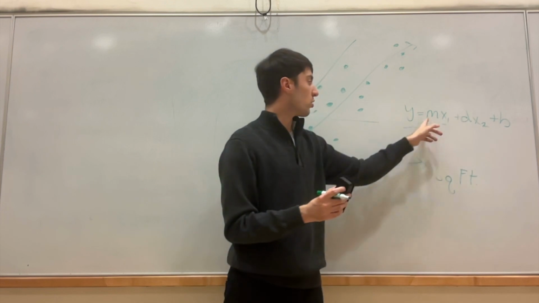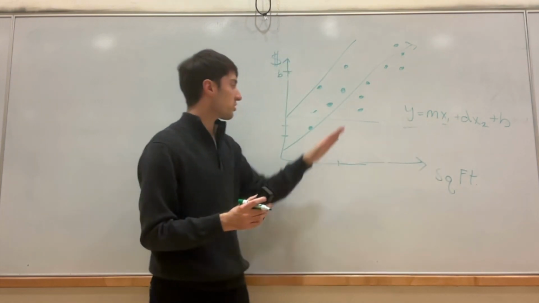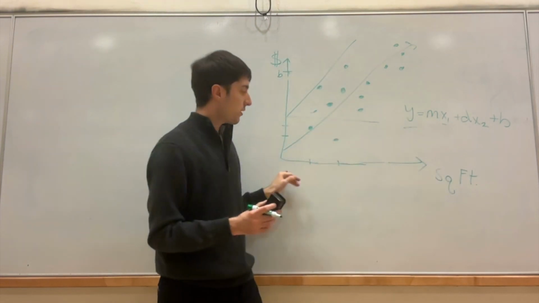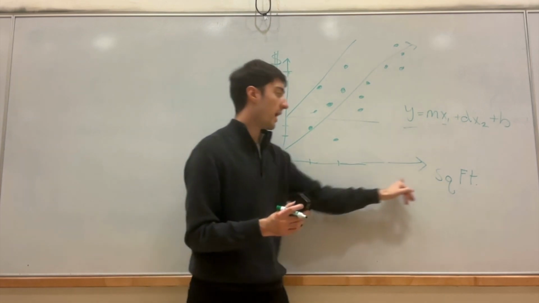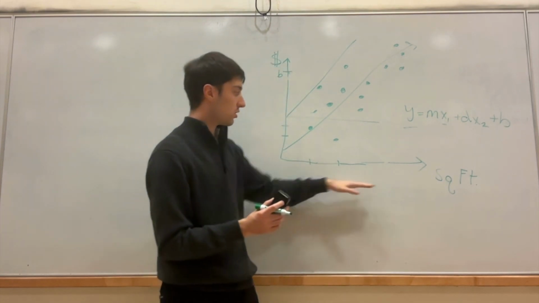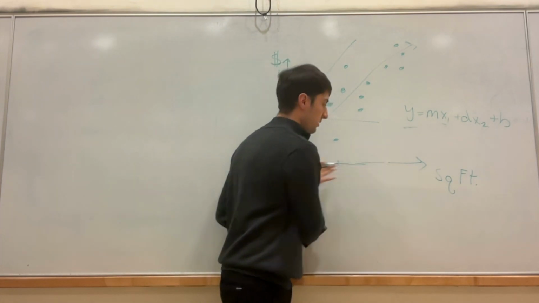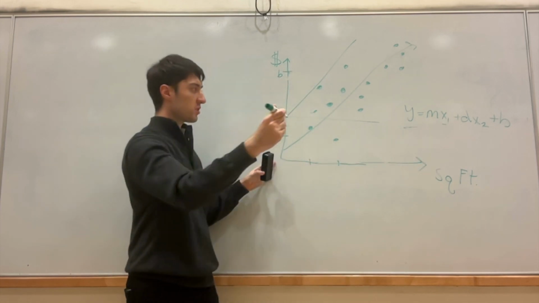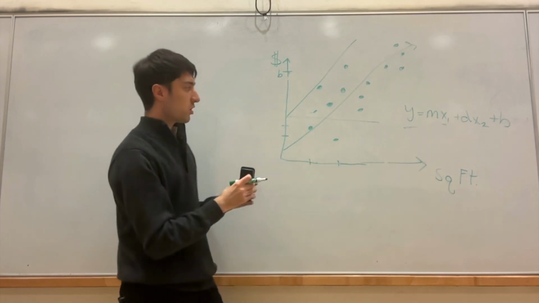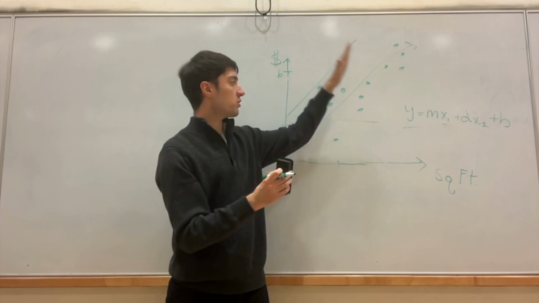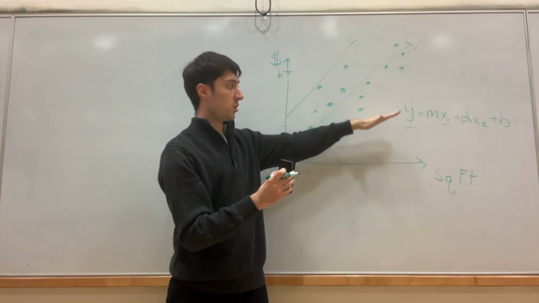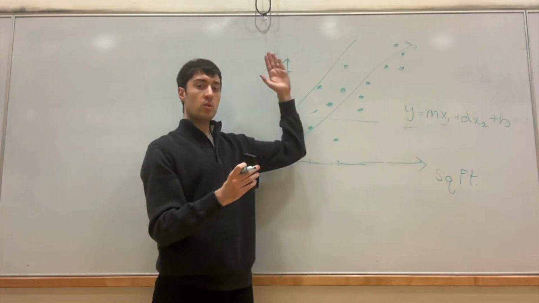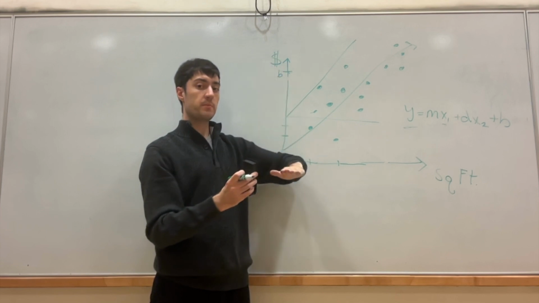These control, the m controls the slope on the x1 axis, correct? So here's x1 is this way, and x2 is coming out. So the m will change this slope, and the d will change this slope.